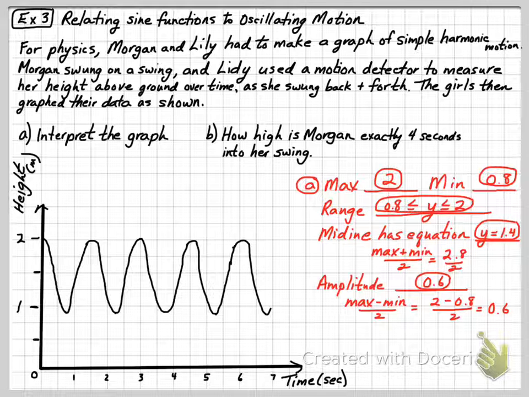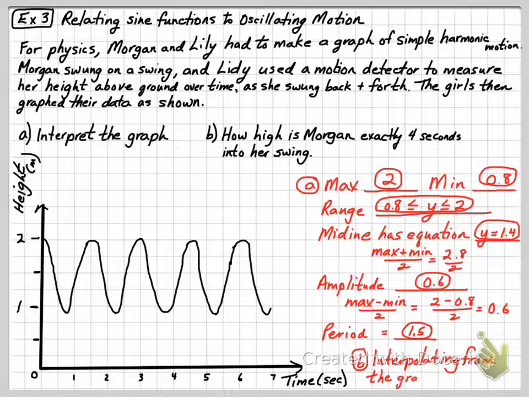How high is Morgan exactly 4 seconds into her swing? The period looks like it's going to repeat every 1.5 seconds if we go from the top to the next top to the next top. Now we're going to interpolate this information from our graph.